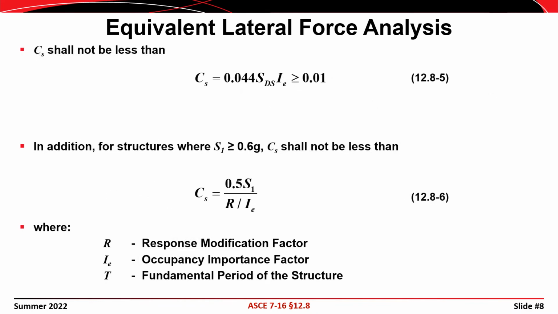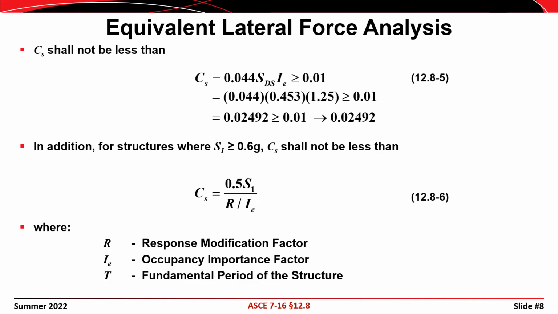However, we have minimum values of C sub S that need to be checked as well. In this case, C sub S shall not be less than 0.044 times S sub DS times I. That would work out to be 0.02492.